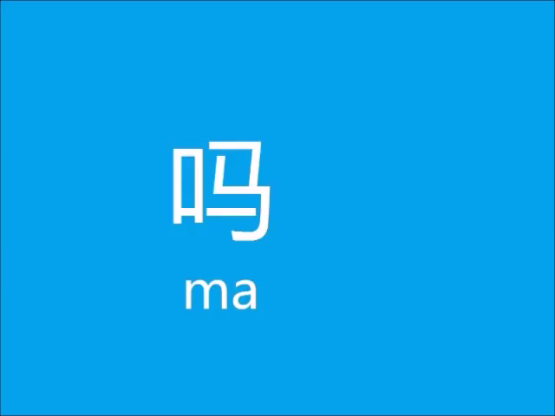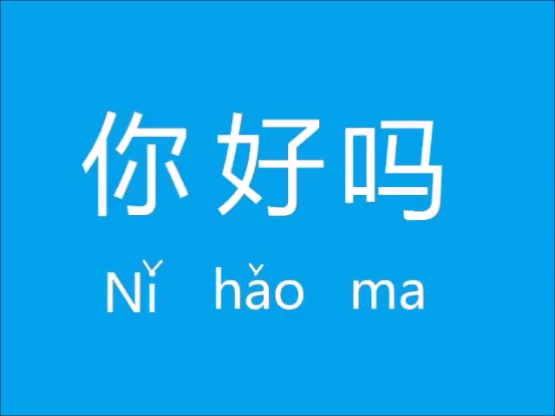In Chinese, you still leave the sentence structure the same, so you are good, but you add the word ma at the end. So instead of changing the order of the words, you just add ma at the end. So you are good ma, or another example using an English sentence would be, you like chicken ma, would mean do you like chicken. So ni hao ma means are you good, or how are you doing?